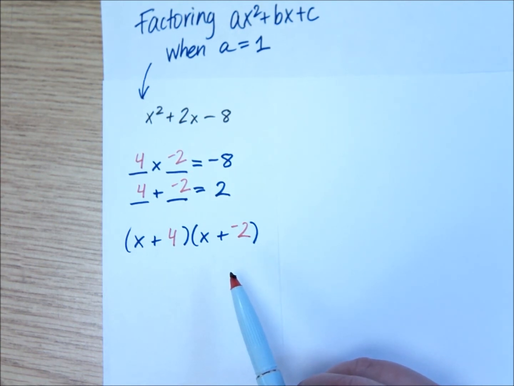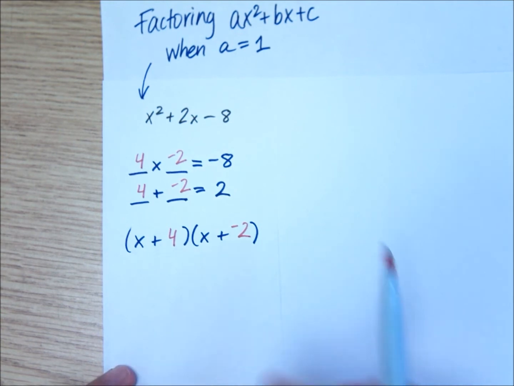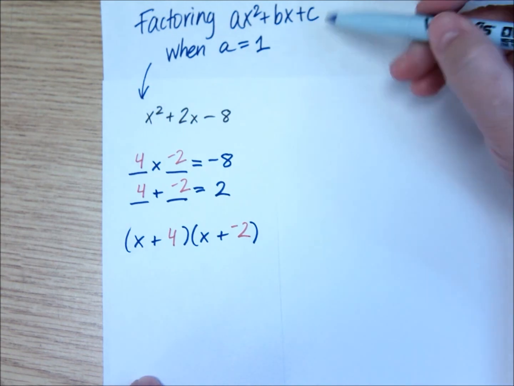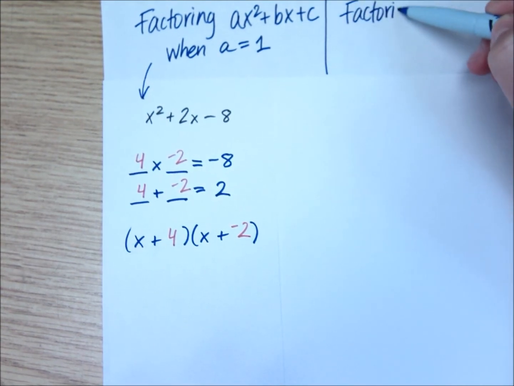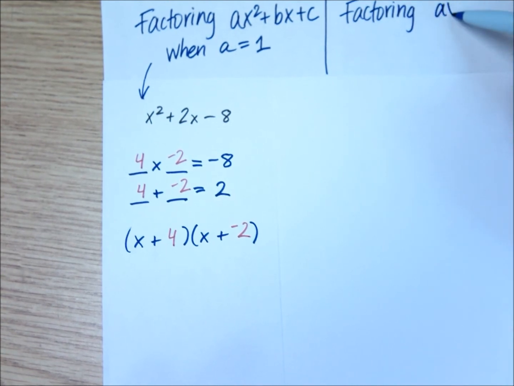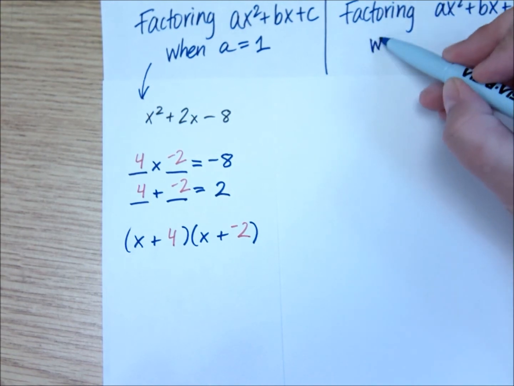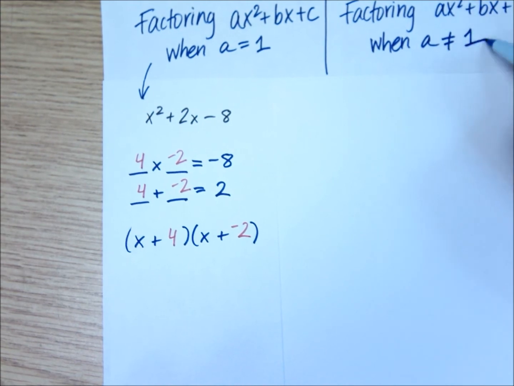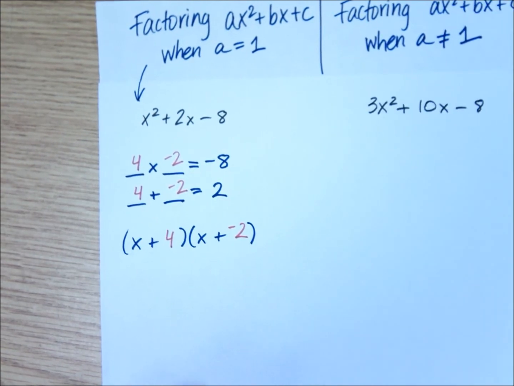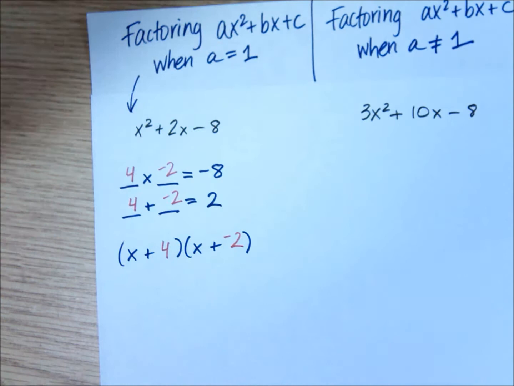Because I want to compare that to what we're going to start today, which is, ta-da, factoring. Same thing, a quadratic expression, and this is the standard form of a quadratic expression, when a is, you guessed it, not equal to 1. This is when it gets a little bit more difficult.